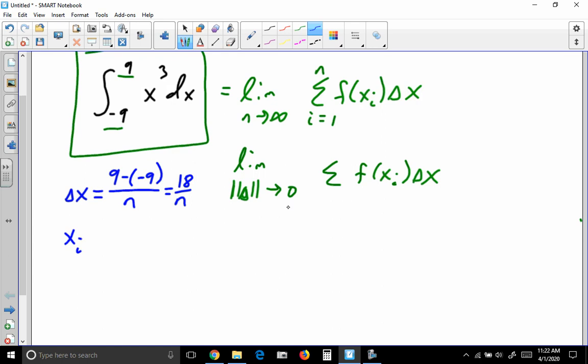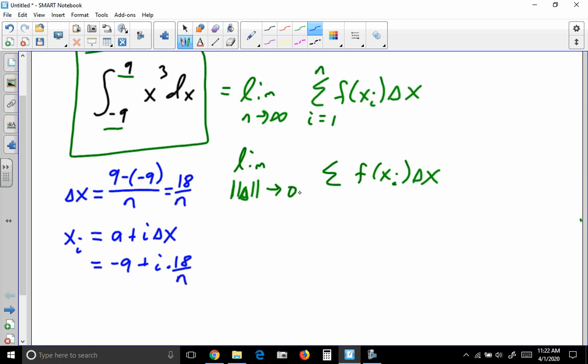It turns out if we're letting n go to infinity or delta going to 0, it doesn't matter if we do a left or a right-hand sum. So let's let our x sub i be a plus i delta x, the right-hand sum. So -9 plus i times 18 over n. So that's going to be our x sub i.